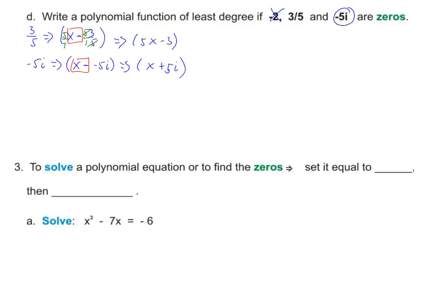But because we just learned the complex root theorem, do we know another root? If x plus 5i is a root, what's another root? X minus 5i. So again, this came out of the complex root theorem.